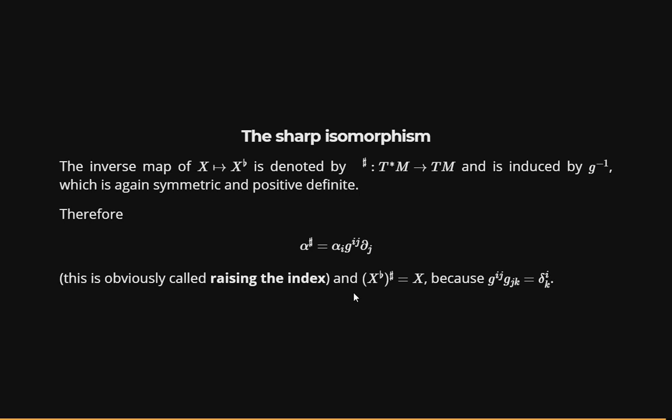Whereas alpha sharp is defined coherently all over M, because we are writing it down with the inverse metric.